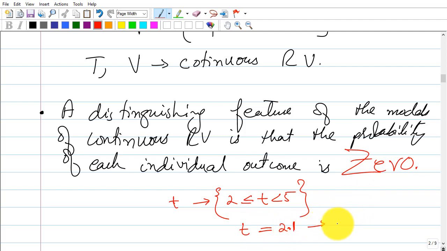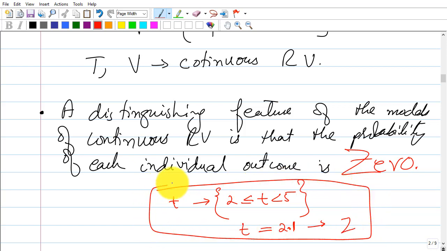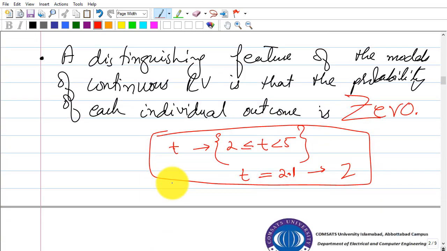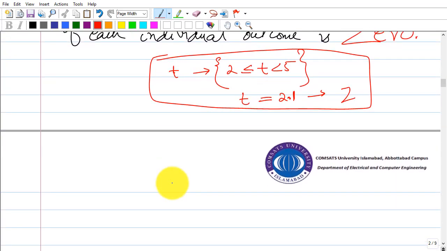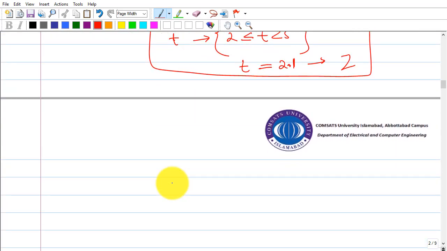That would be 0. The probability would be 0 at this point. So remember this thing, that continuous random variables are not defined for fixed points.